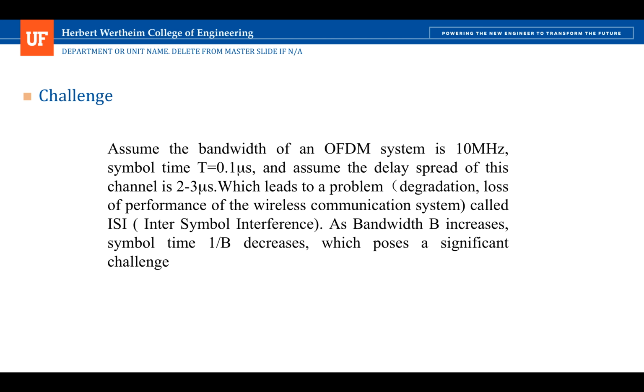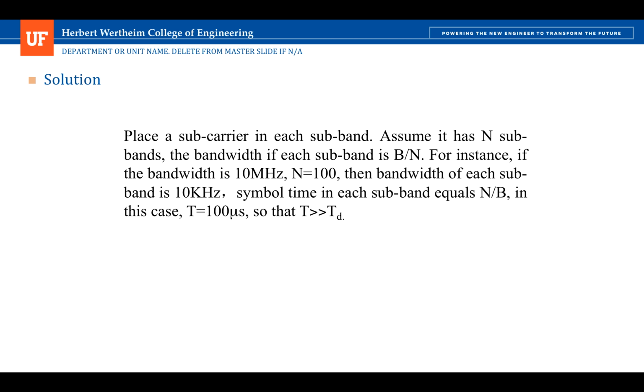So in order to overcome this problem, what OFDM does is that it places a subcarrier in each subband. Assume it has N subbands, so the bandwidth in each subband is B divided by N. For instance, if the bandwidth is 10 megahertz and N equals 100, then the bandwidth of each subband is 100 kilohertz.